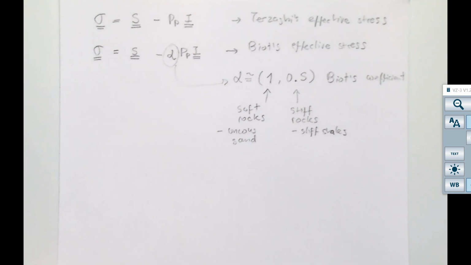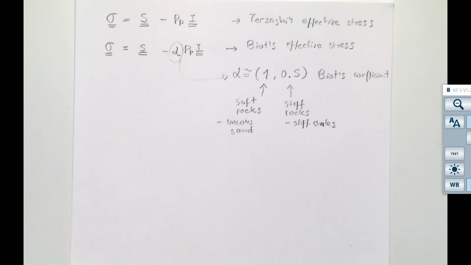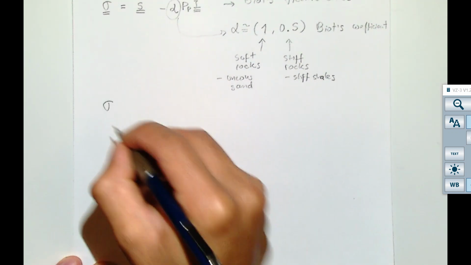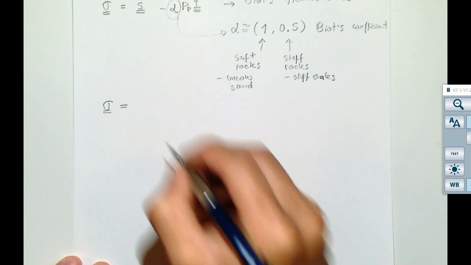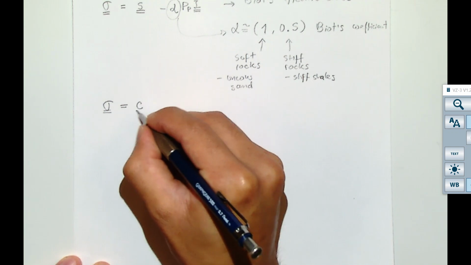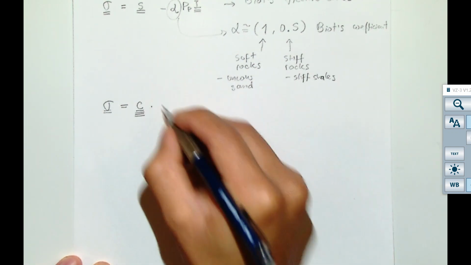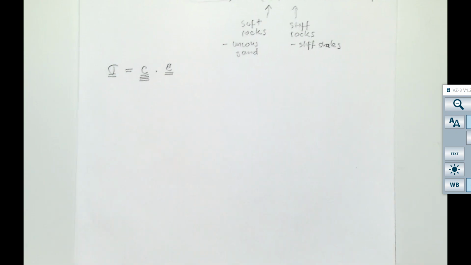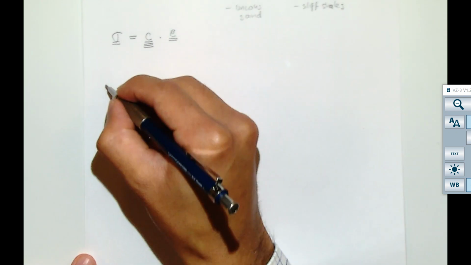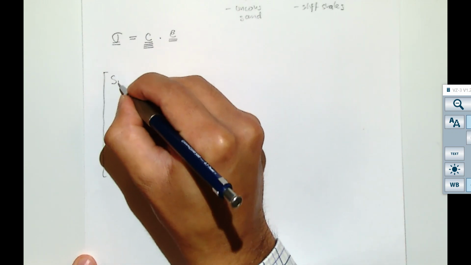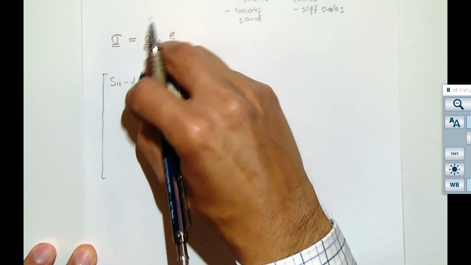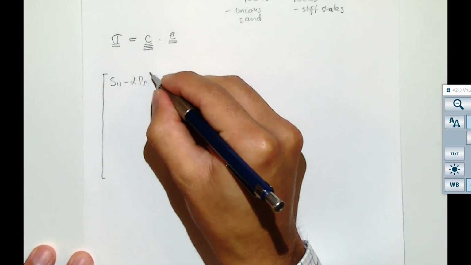Okay, so what do we do with this now? What we have to do is solve the equations of stresses as a function of strains. So basically, we're going to use linear elasticity to solve this equation. Stress equal to stiffness times strain. And we're going to use our new definition of stress, effective stress, and this is going to be S11 minus alpha pp, normal stress in direction 1, normal effective stress.